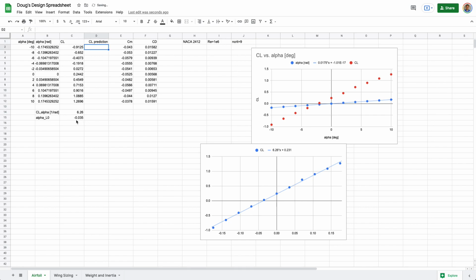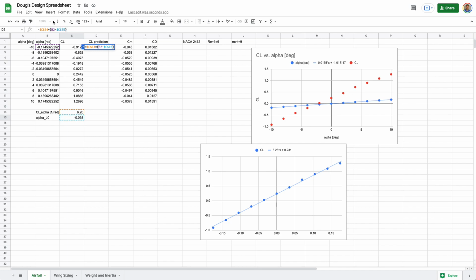The equation says that the lift coefficient is equal to the lift slope, CL alpha, and we want that to stay constant, so I've got to put some dollar signs in front of it. So there's our lift slope times the angle of attack minus alpha L0, and again, I want that to stay in that.